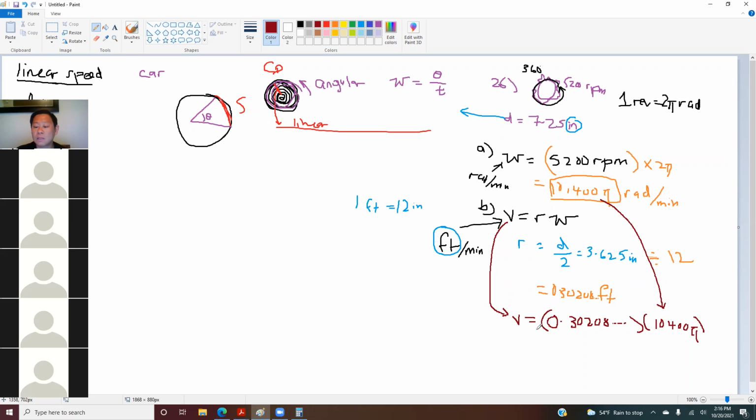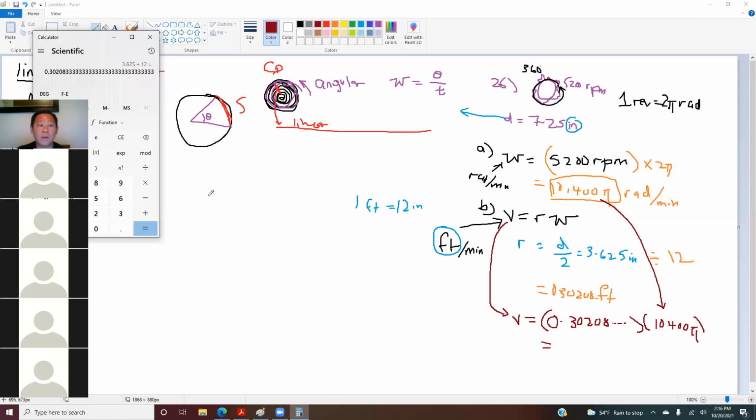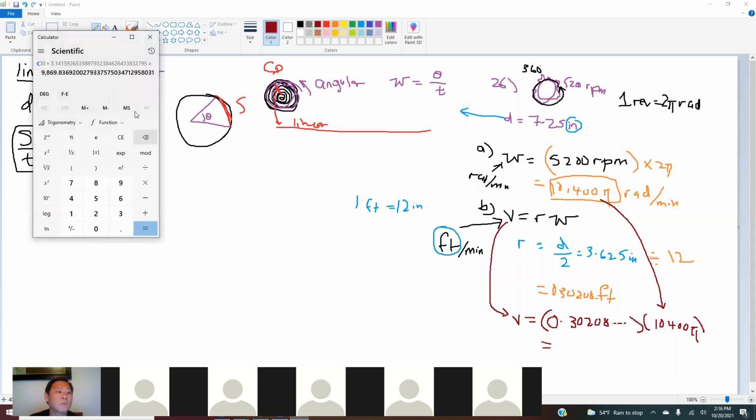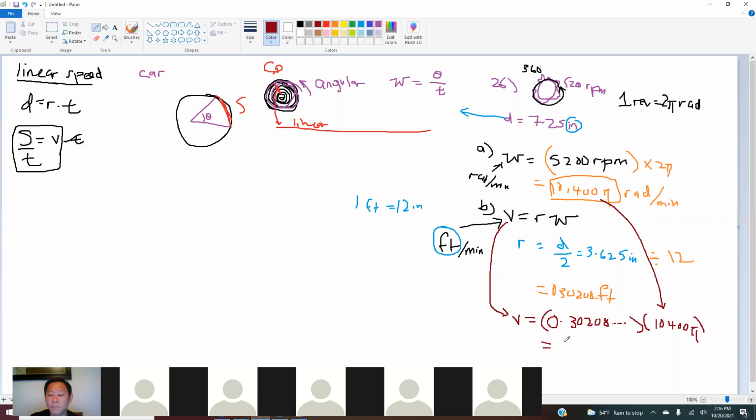Take out your calculator and multiply. Your answer in this case will be about 9,870 feet per minute. So this is your answer.